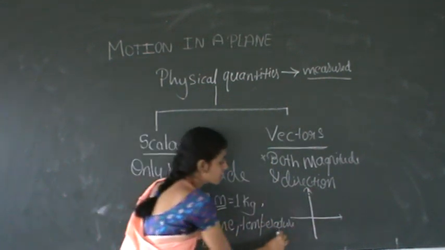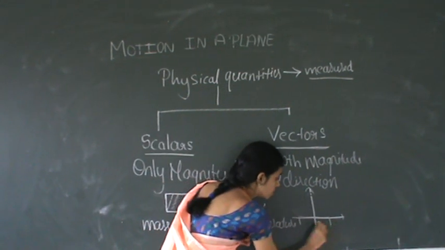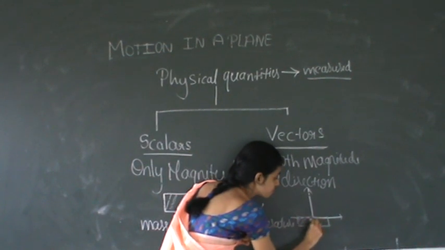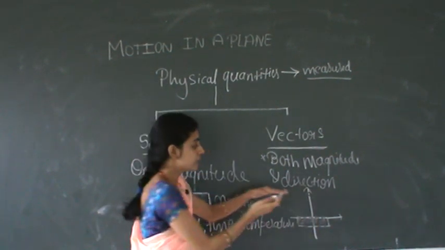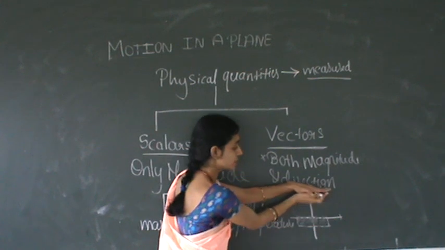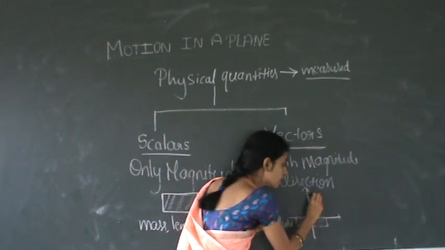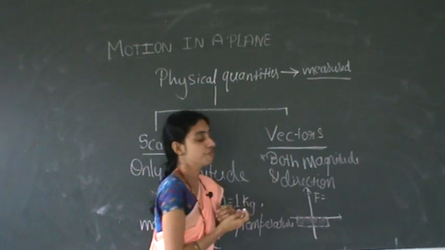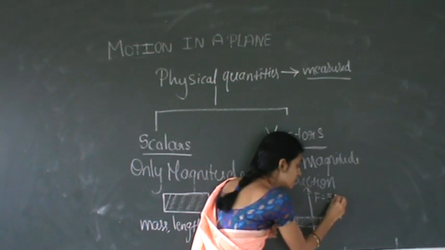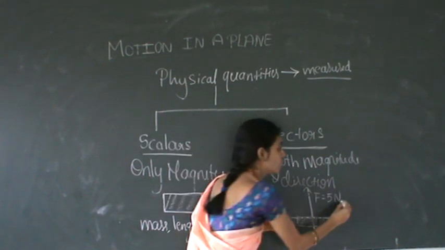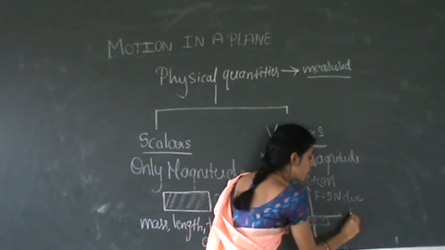There is one block here, one object. This object should be moved in the north direction. I will consider an example. I will apply a force of 5 Newton due north.